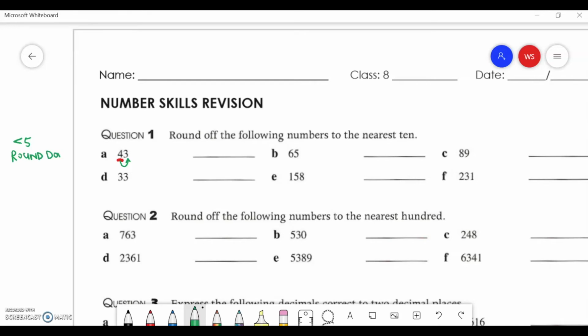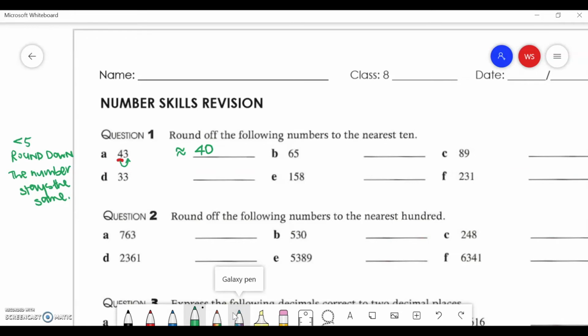When we round down, this just basically means that the number stays the same. So as 3 is less than 5, 4 will remain, and our ones position will just be a 0. So that's our answer with 40. Now in question 1E, 158 is our number.